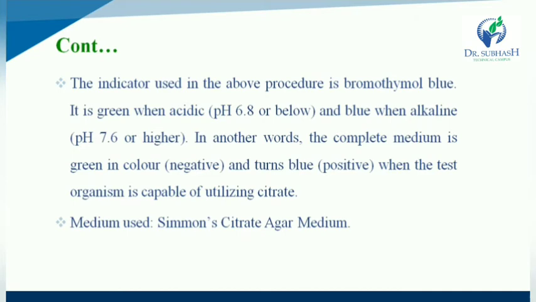It is green when the pH is acidic, 6.8 or below, and blue when the pH is alkaline, 7.6 or higher. So in this test, the indicator used is bromothymol blue. Why is the green color present? Green color indicates acidic pH, 6.8 or below.